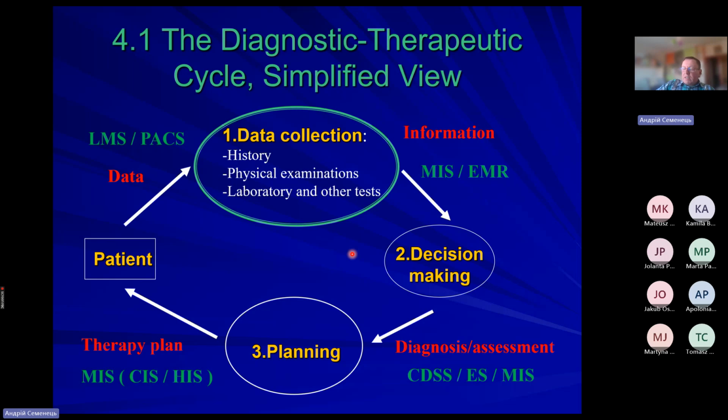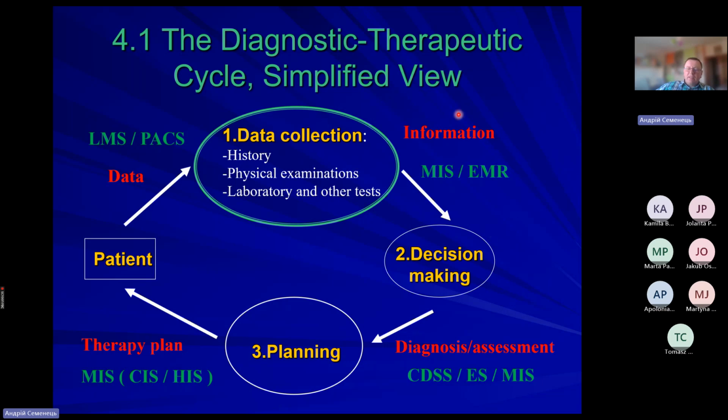And what is the question for the physician? It's to retrieve information from this data and use it in the decision-making process. For probably not decades, but centuries, the physician did it on his own, using his own notation system, his own skills and knowledge.